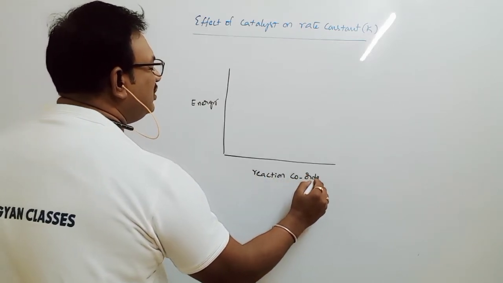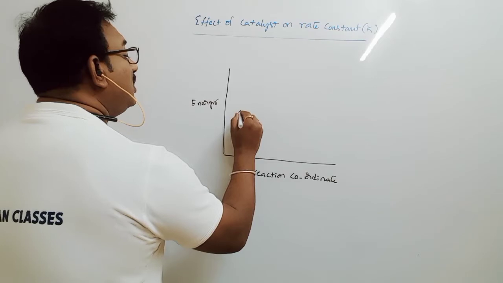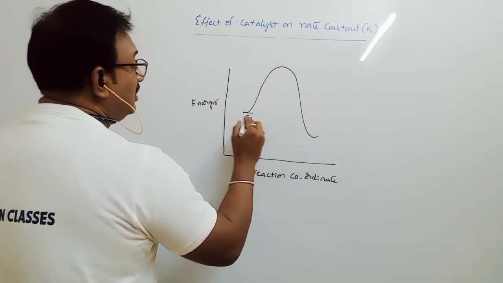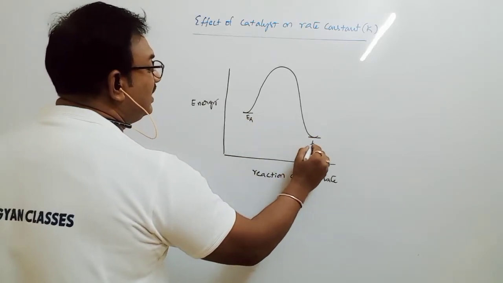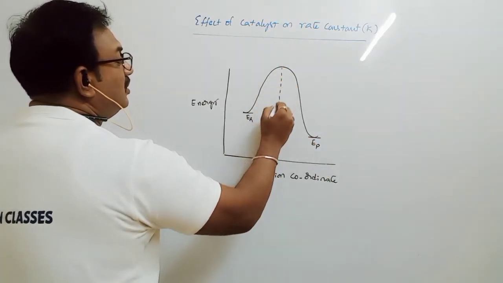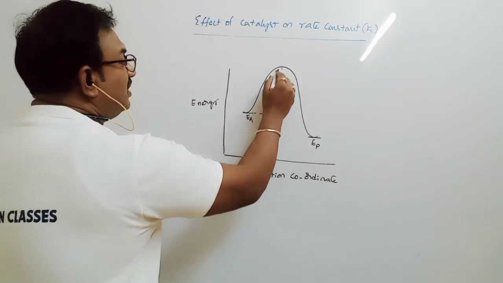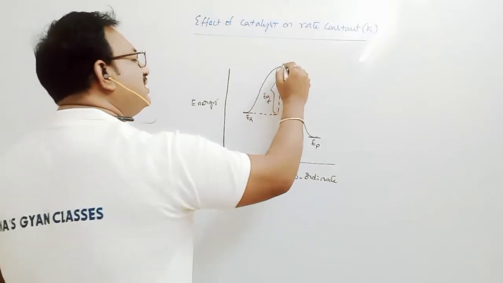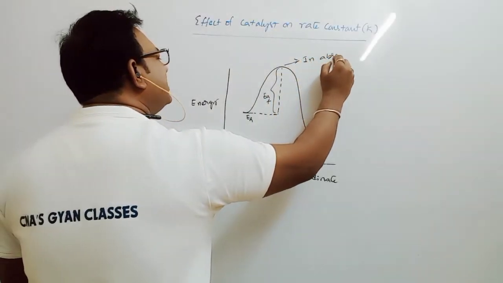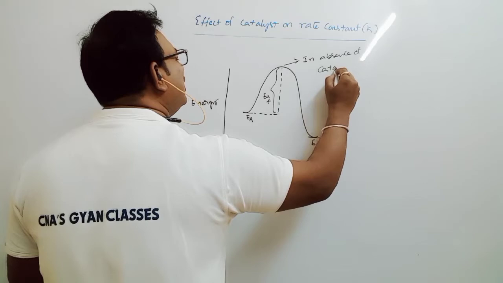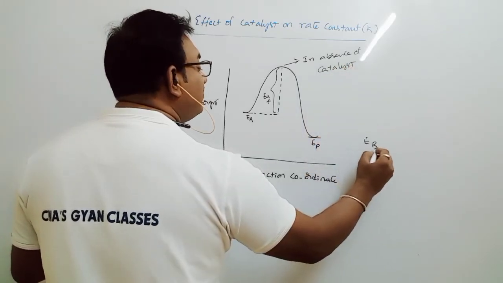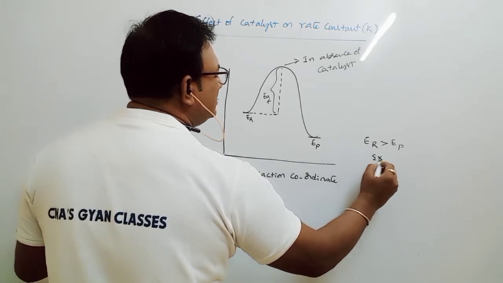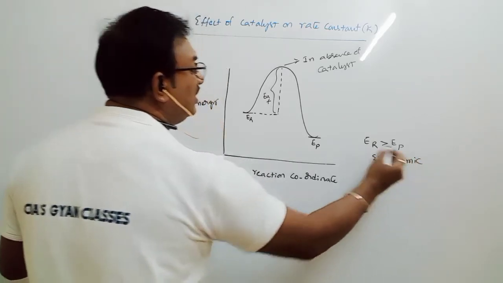The energy of reactant is greater than the energy of product now. So this is the activation energy for the forward reaction, in absence of catalyst. Here the energy of reactant is greater than the energy of product. Therefore, it is considered to be an exothermic reaction.